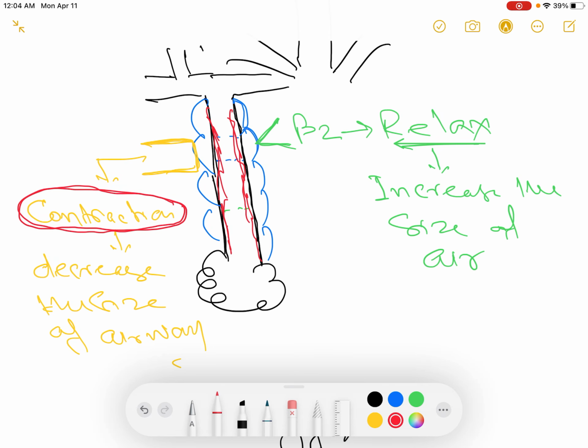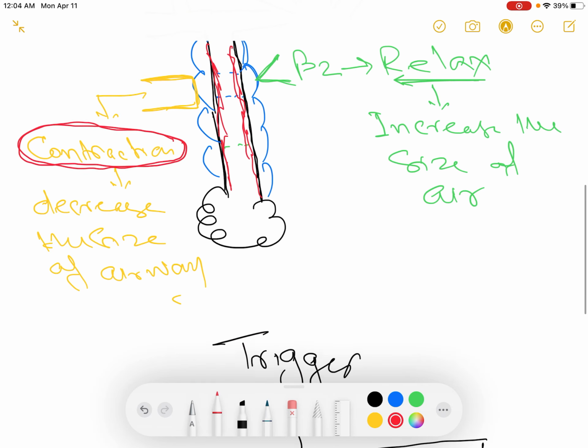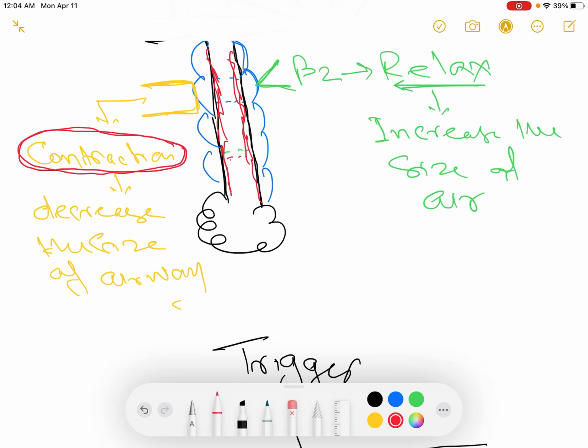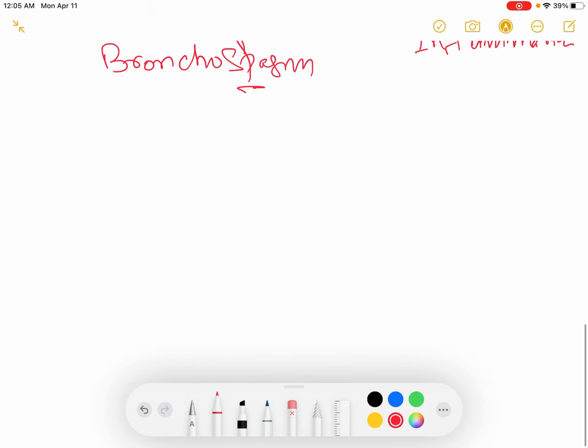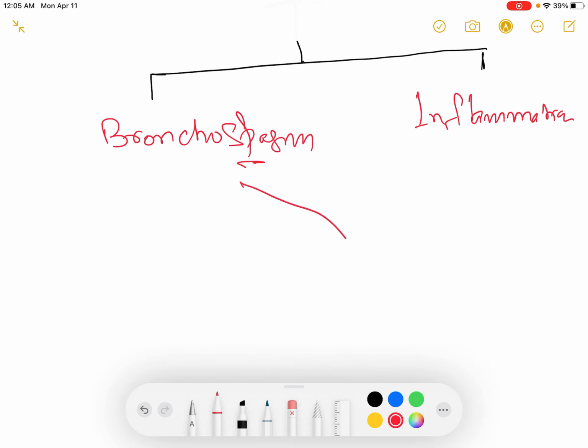The combination of these two leads to a decrease in the size of the small airway, and thus causes difficulty in breathing, especially when you are exhaling the air out in the expiration phase. So these two lead to difficulty in breathing, dyspnea.